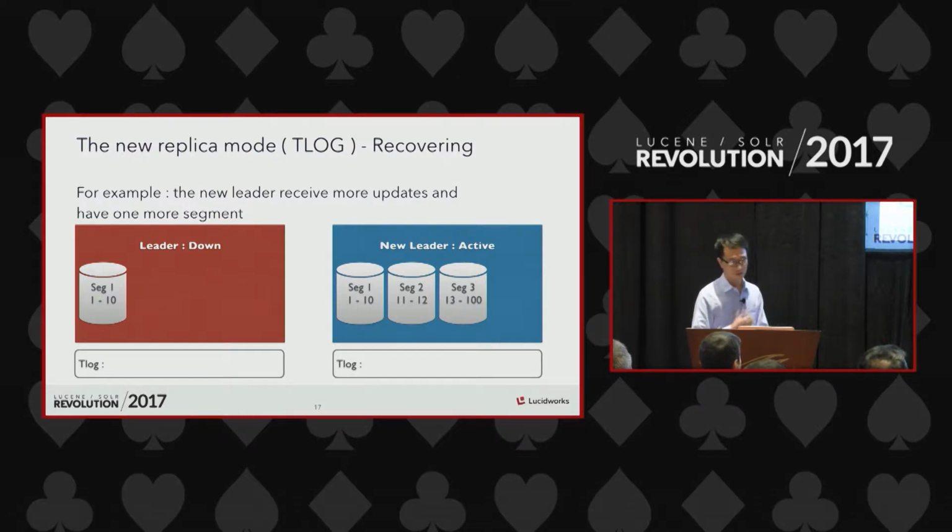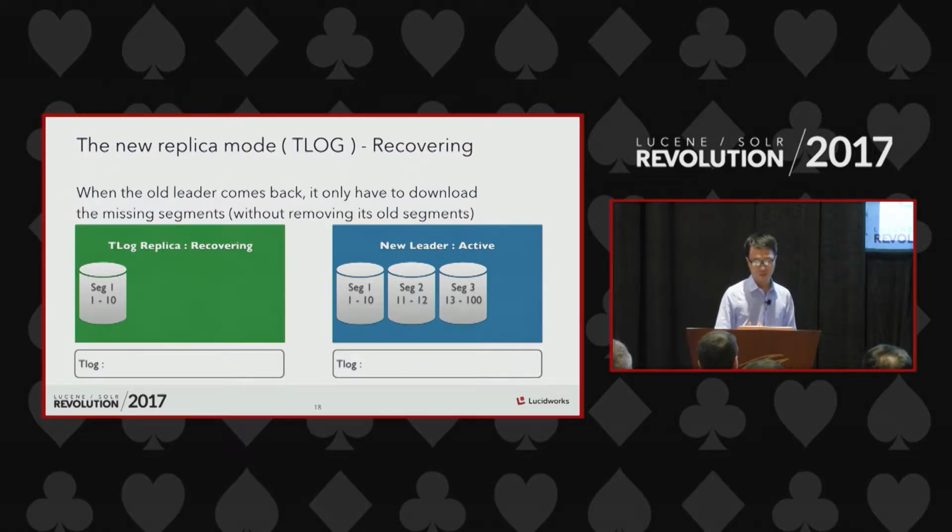Then, for example, the new leader receives more updates and has one more segment. When the old leader comes back, it only has to download the missing segment without removing its old segments, because the old leader and the new leader are in sync at the segment level.